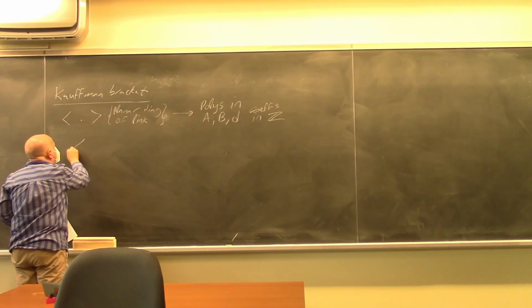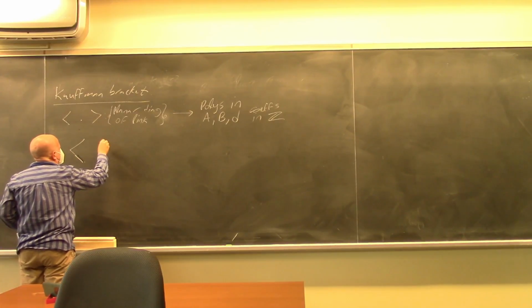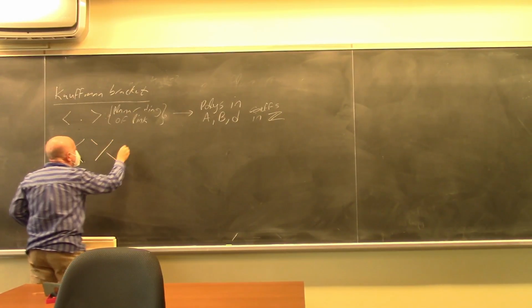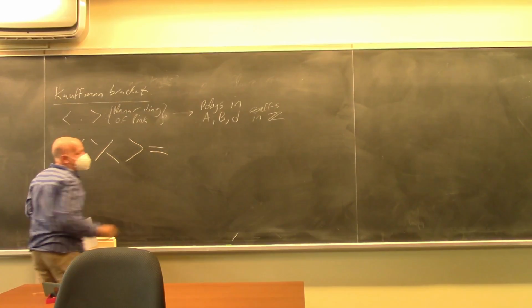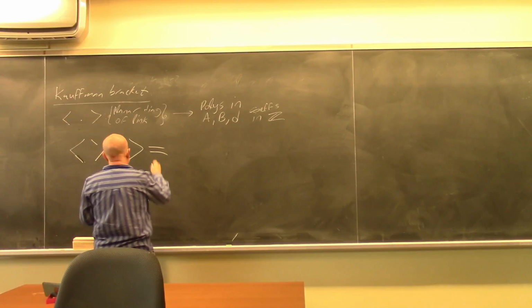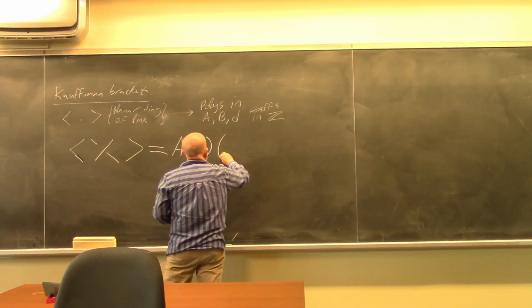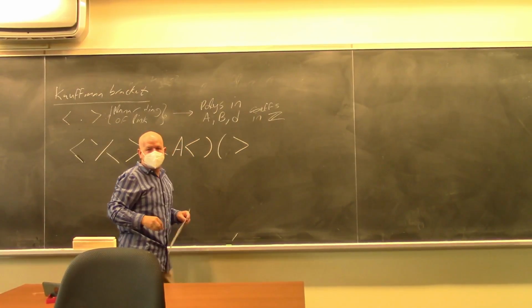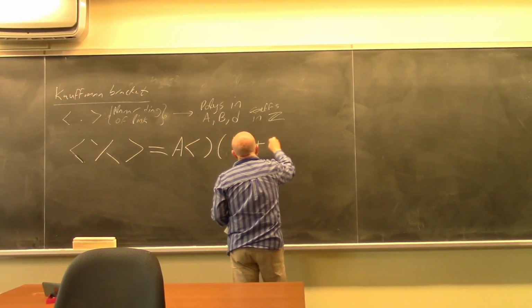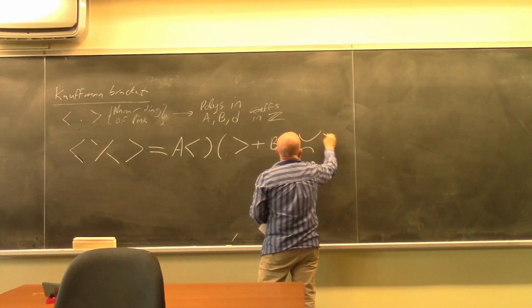So the bracket of a crossing is equal to a times the bracket of this plus b times the bracket of that.